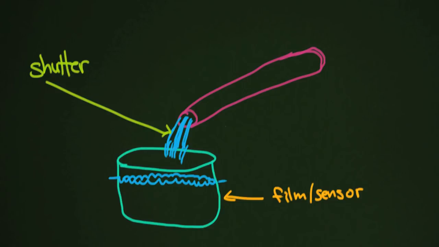But at the same time, you could also spring for a bigger pipe. You could make the pipe this big, and then you've got tons of water coming through, which means you don't need as much time to let the water run through, or in this case, you don't need as long of a shutter speed. So you can let more water in more quickly.